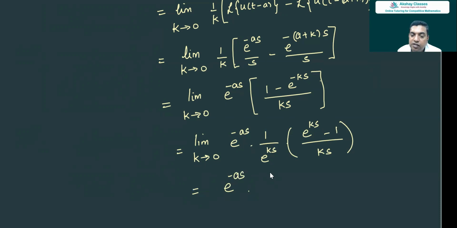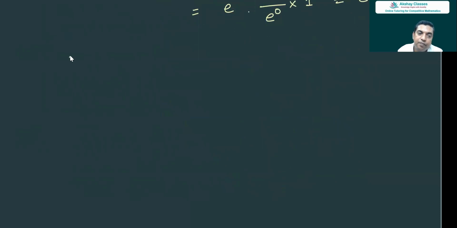So we get e power minus as. Therefore, the Laplace transform of the Dirac delta function of t minus a is e power minus as.